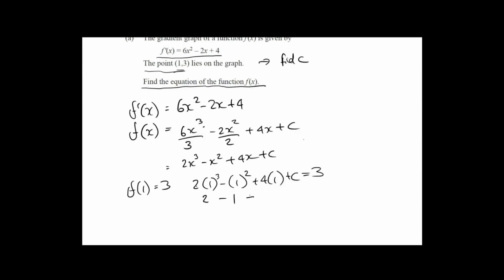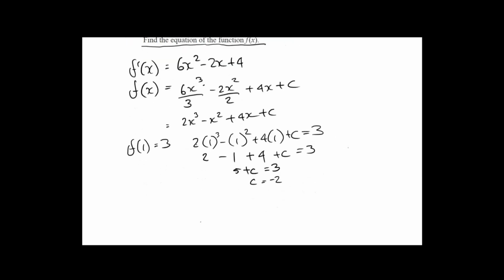Negative 1 plus 4 times 1 is 4, plus c equals 3. So 2 minus 1 is 1, 5 plus c equals 3. So therefore c must equal negative 2. So our original function is going to be 2x cubed minus x squared plus 4x minus 2.